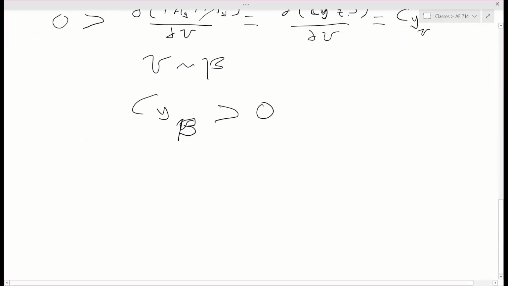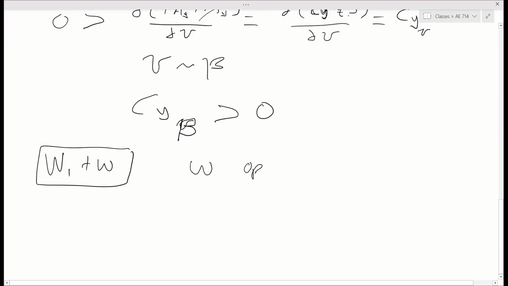So the last one is we have a vertical velocity disturbance, and so W is going to be opposed by a Z force. So it's just F_Z.